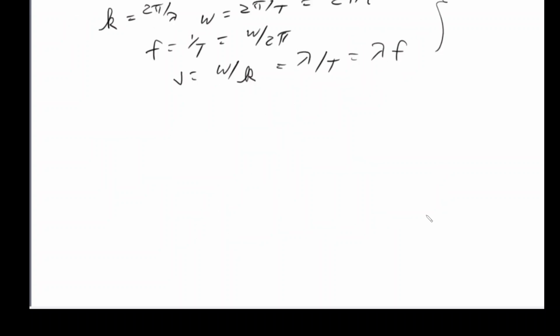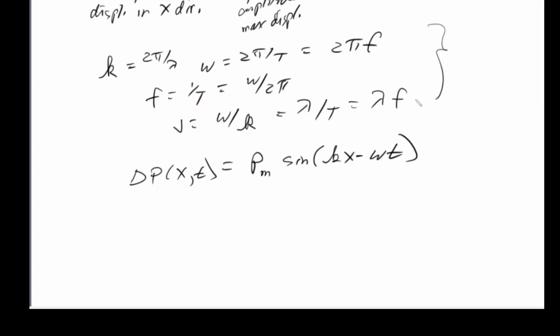Now, sound waves can also be described in terms of pressure variations. So we can write a wave equation for a sound wave in terms of pressure. So change in pressure of x and t is equal to Pm times the sine of kx minus omega t.